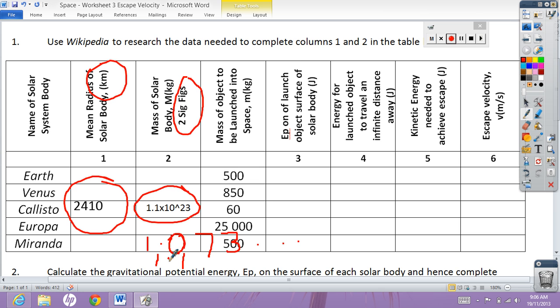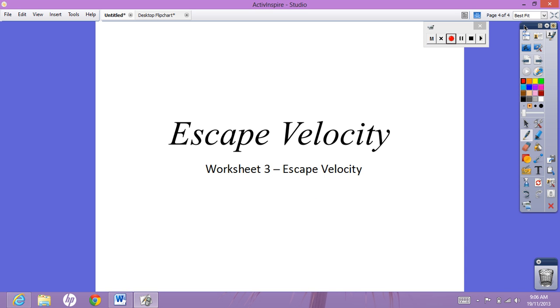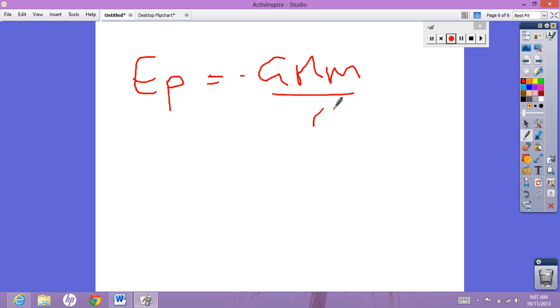So now we've got that entered into our table, we need to work out the EP. To work out the EP, we're going to use the data in our formula for EP. And so we know that the formula for EP is that EP equals minus GMm on R. Okay?